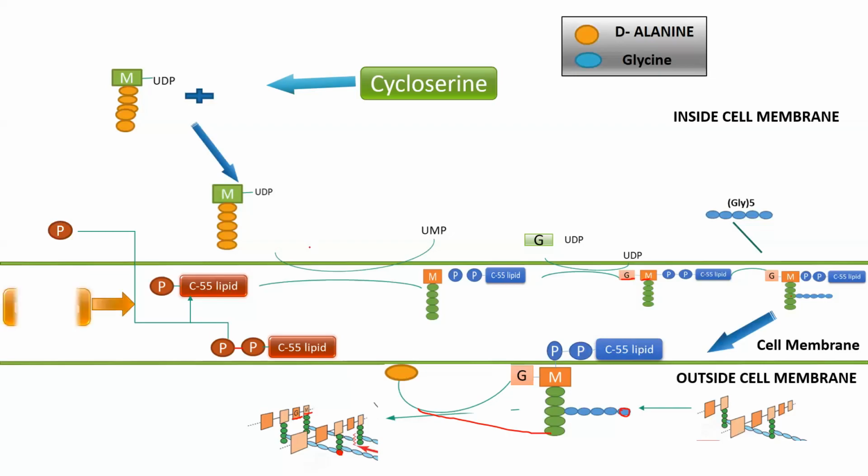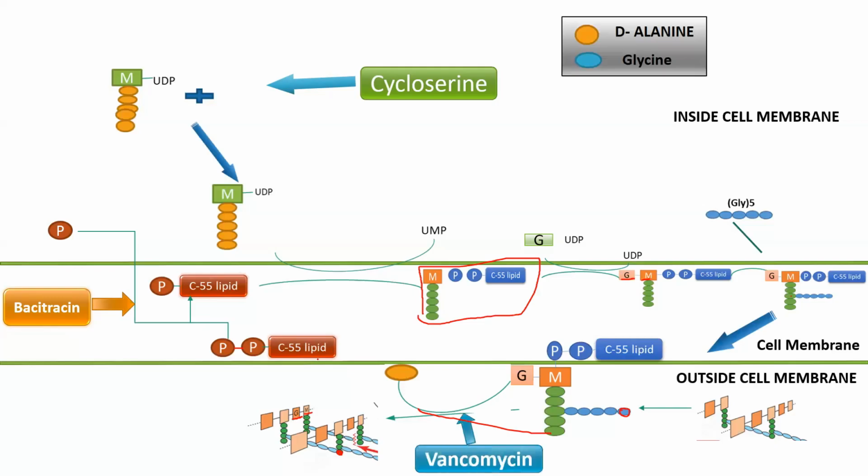Bacitracin inhibits the dephosphorylation of this C55 lipid carrier. If this dephosphorylation does not occur, the formation of this compound will not take place, as it remains in the diphosphorylated form.